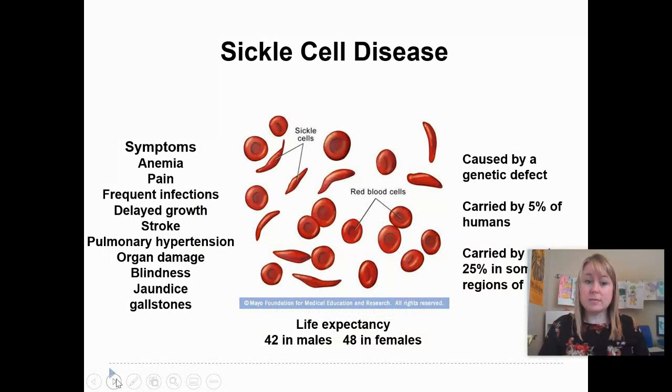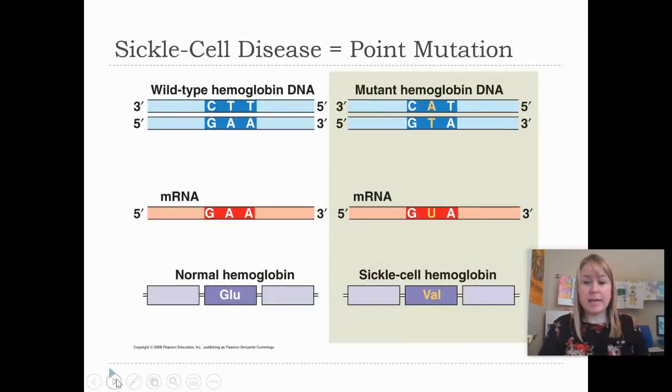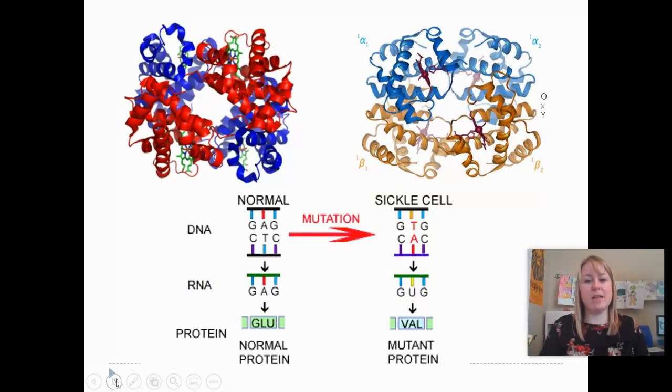Again, this is sickle cell as an example of a condition created by just one nucleotide mutation. It's actually just one amino acid that's different. Instead of a glutamate, it's a valine, and this is what causes the misshapen folded hemoglobin, and therefore it cannot carry oxygen as effectively.